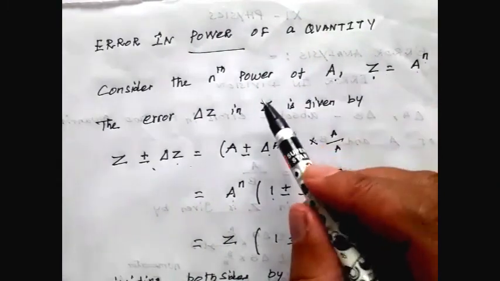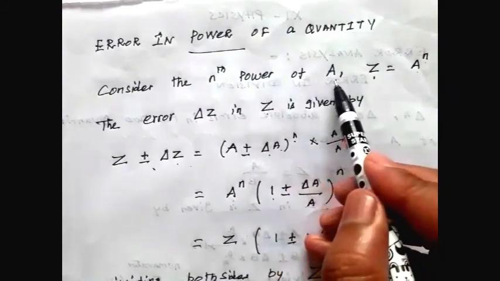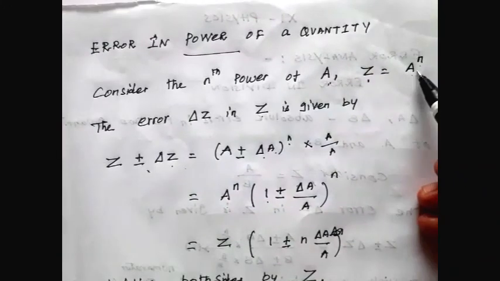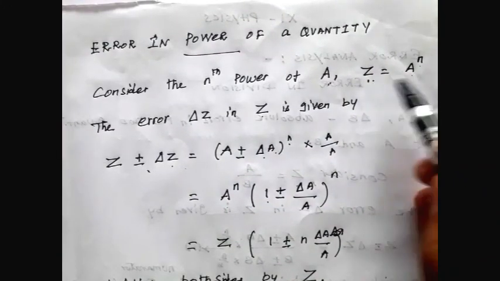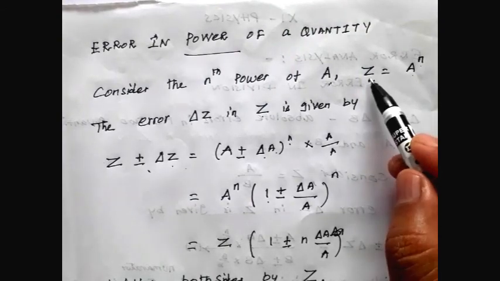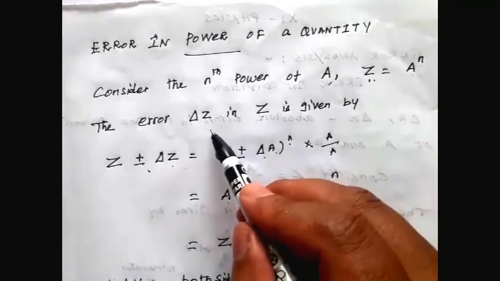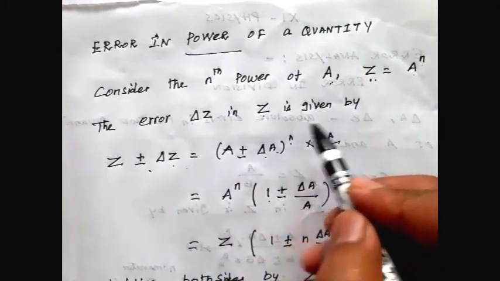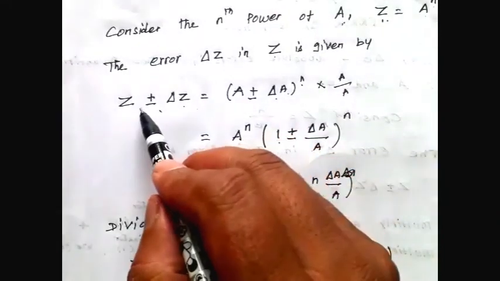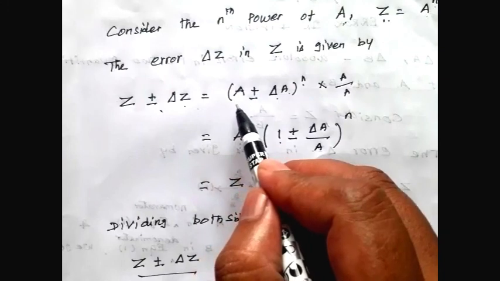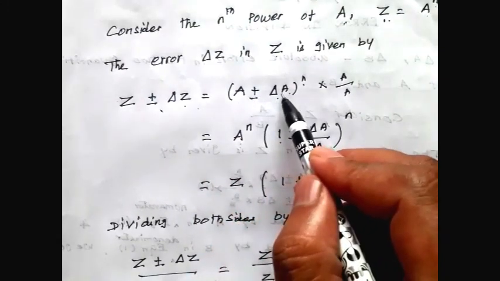Consider the nth power of A, that is A power n, equal to Z. Z with the error del Z: we can write Z plus or minus del Z is equal to (A plus or minus del A) whole power n.